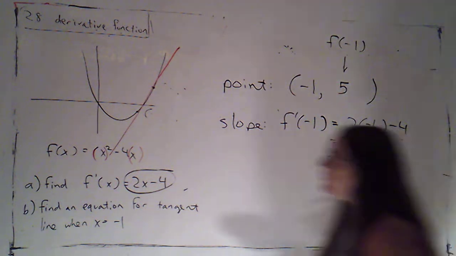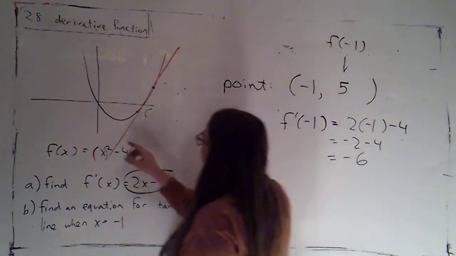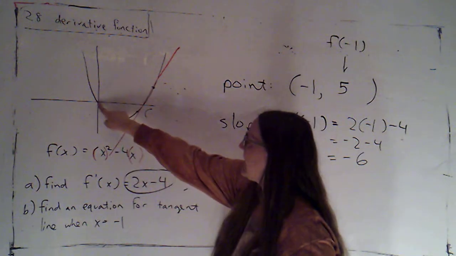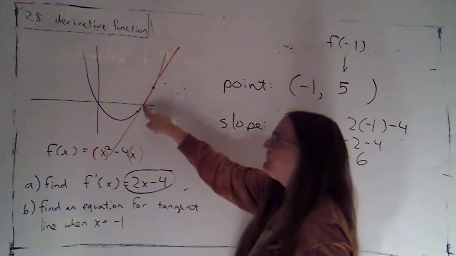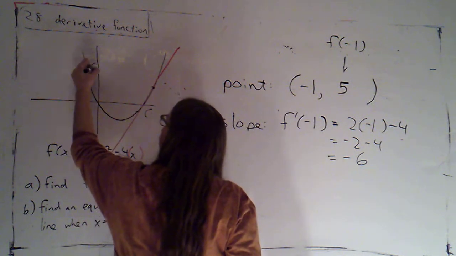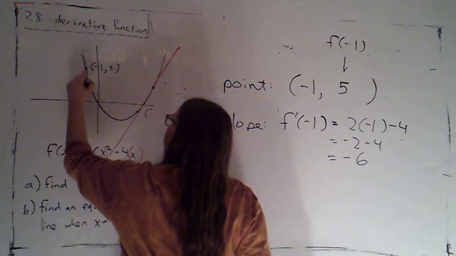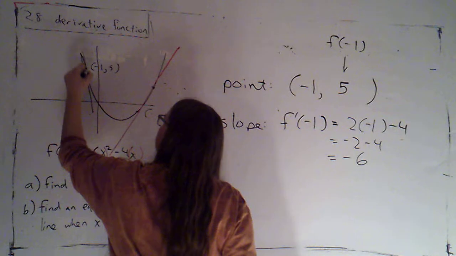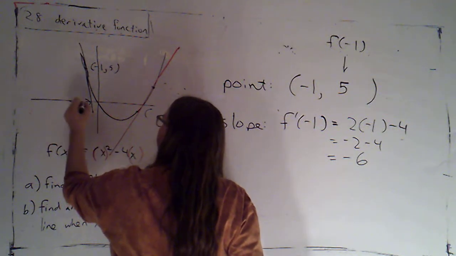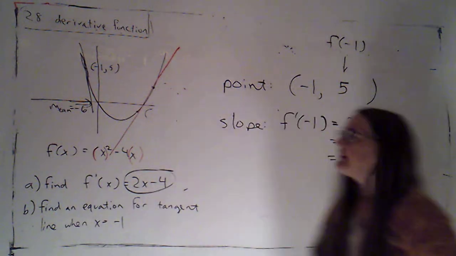Now, if I look over here, I didn't draw this perfectly to scale, but I did draw this so that it had x-intercepts at 0 and 4. So negative 1 would be over here. So what we've just said is that we've got this point negative 1, 5, and that the slope of the tangent line at that point was negative 6.